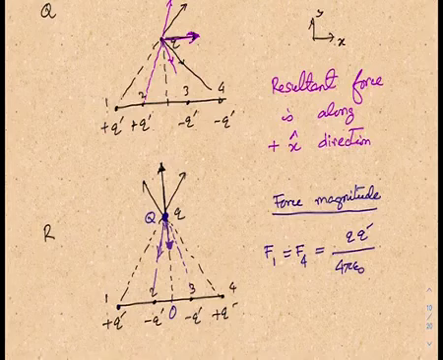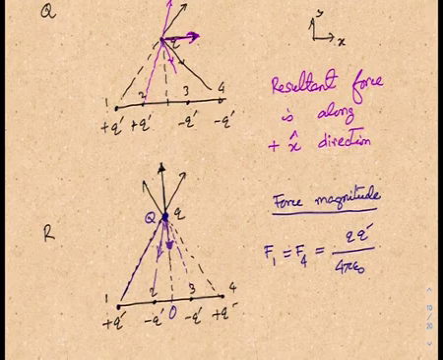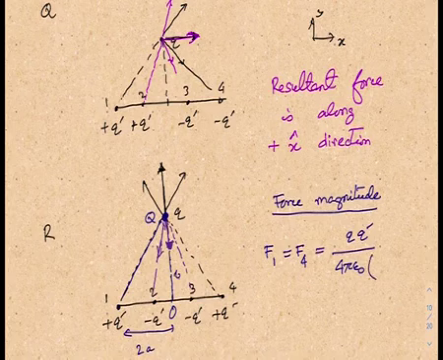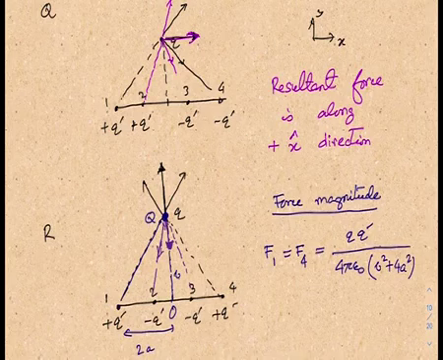Due to 1, this distance is twice A, and this distance is B. Applying Pythagoras, I have B square plus 4A square.